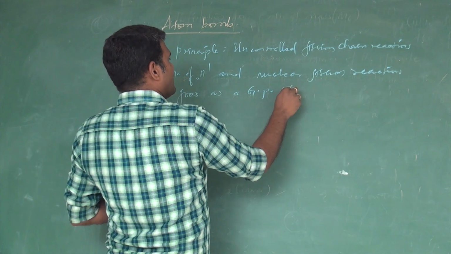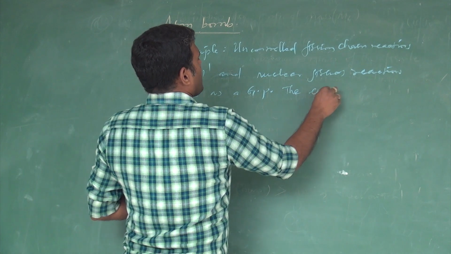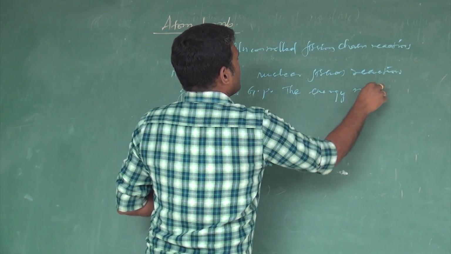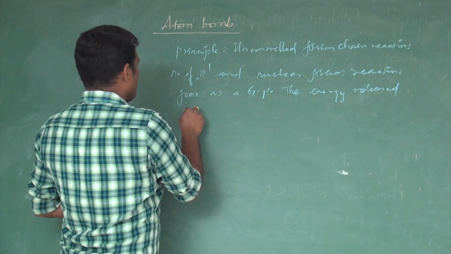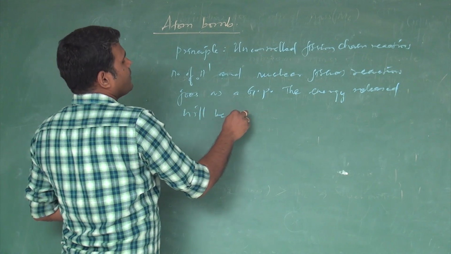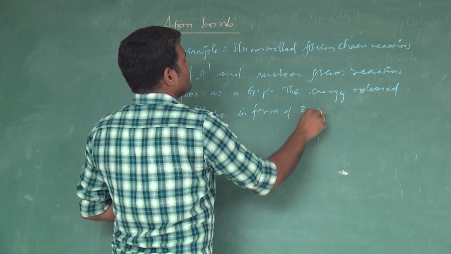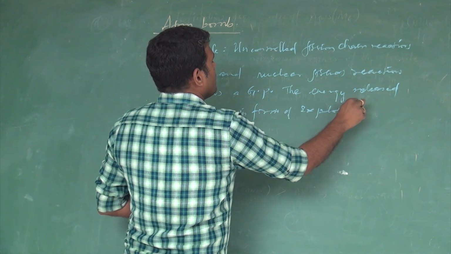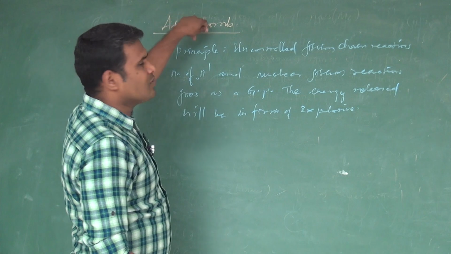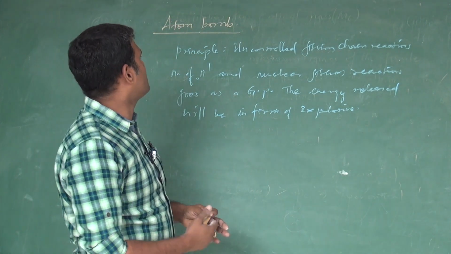So the energy released will be in the form of explosion. So we shall say atom bomb is an explosive device.